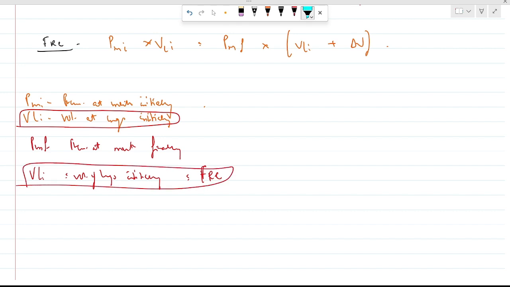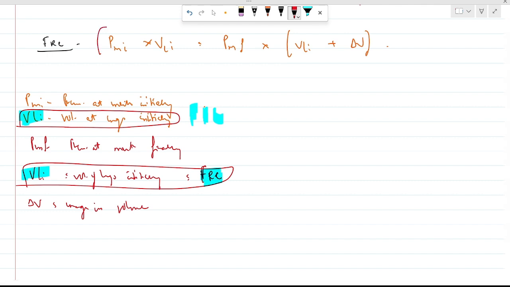Remember, very important: VLI is equal to FRC here. And delta V is the change in volume.